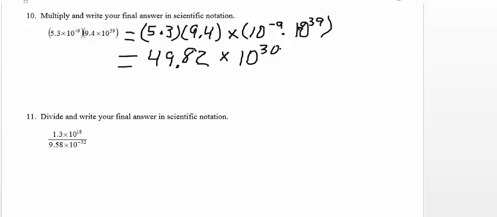This isn't, because 49.82 cannot be our A. But what we're going to do is we're going to rewrite this as 4.982 times 10. So I move the decimal to the left, so this exponent on the variable is going to be positive. It's an unwritten positive 1. And this gets multiplied by 10 to the 30th.